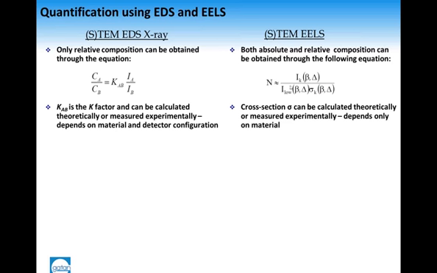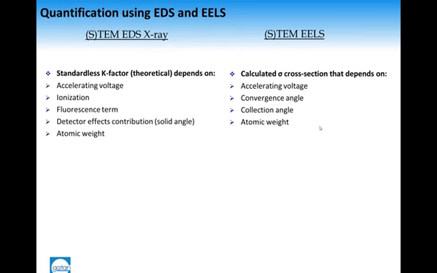So it's basically the intensity over the low-loss region, again over the same collection angle and integration window, multiplied by a cross-section, again calculated over the same collection angle and integration window. So here the only coefficient that we need to calculate or measure is the cross-section. And this cross-section can be calculated theoretically or measured experimentally. And this actually depends mostly on the material that we're using and also on the experimental conditions.